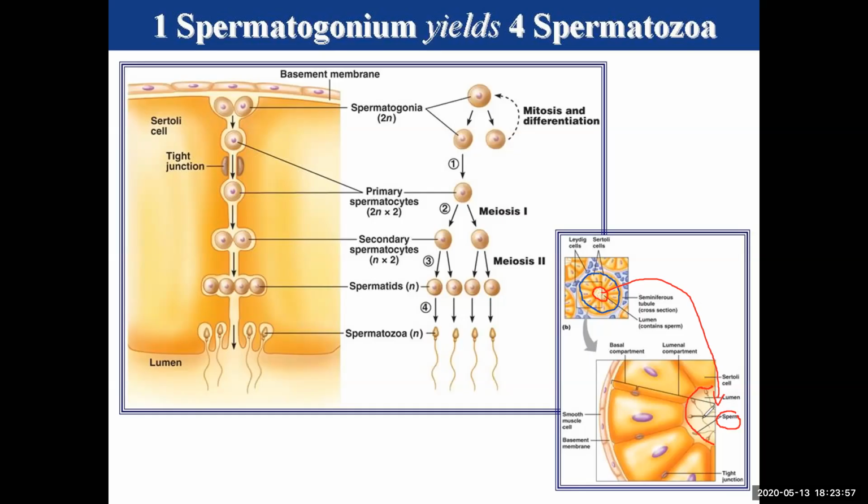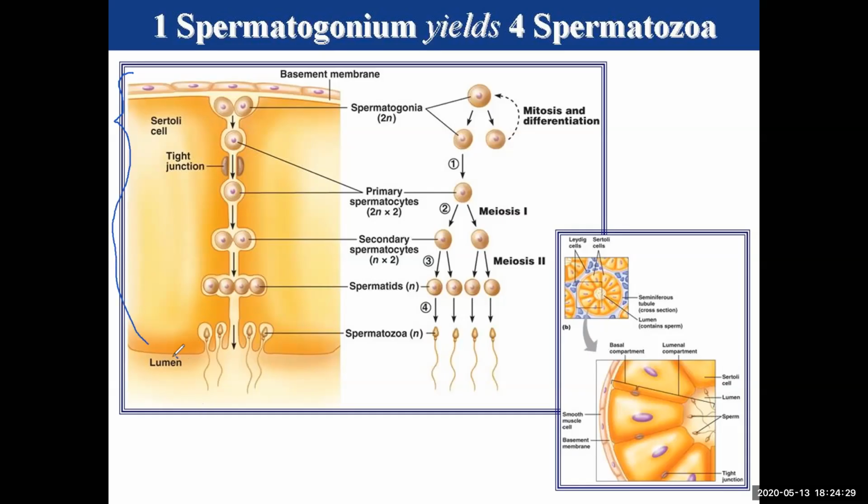Within each seminiferous tubule, we're going to come back to these cells, the Leydig cells and the Sertoli cells. They play an important, critical role in inducing spermatogenesis. And this picture is an overview of what I just described earlier.